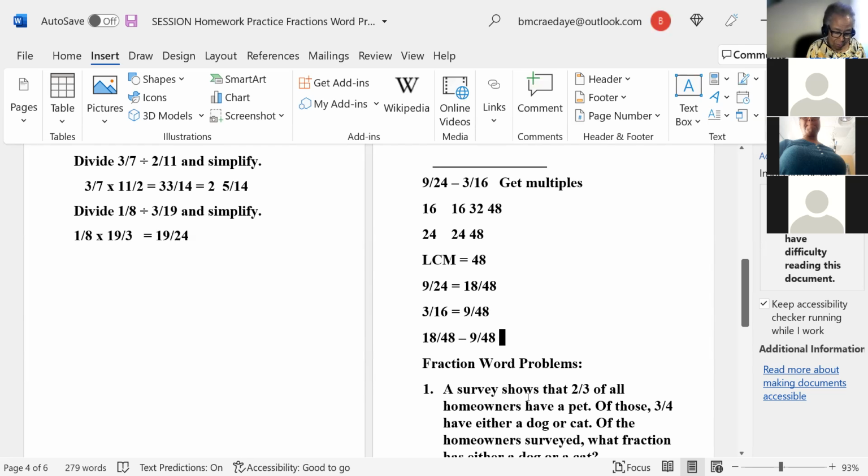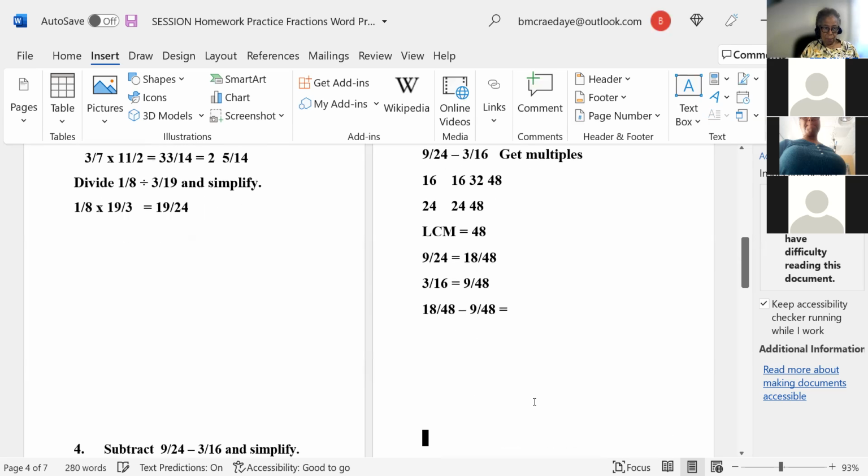What is the difference between 18 over 48 and 9 over 48? If the denominators are the same, you subtract the numerators.